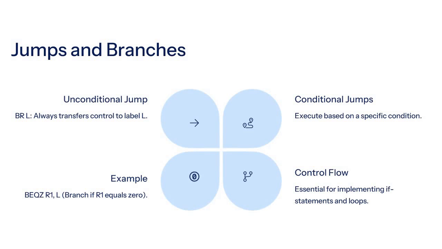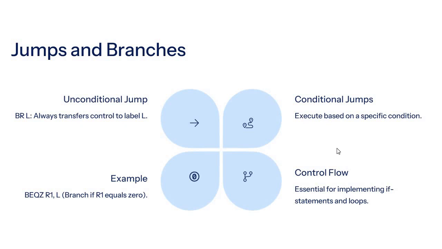Let's move on to jumps and branches. These instructions control the flow of execution in a program. So first, an unconditional jump. An unconditional jump like BR L simply moves the control to the label L. Next is a conditional jump. These conditional branches allow for decision making.